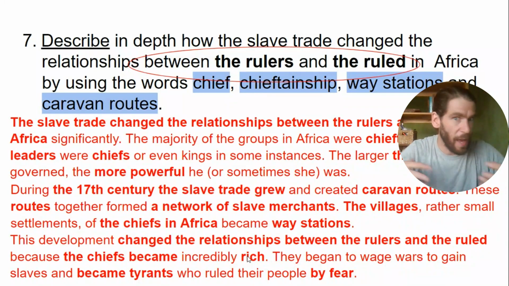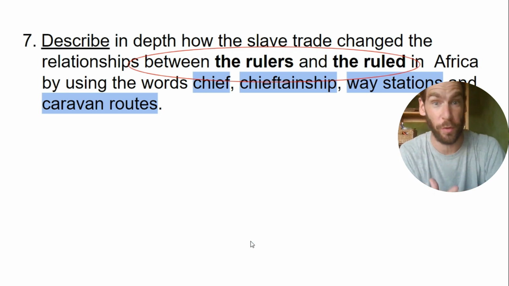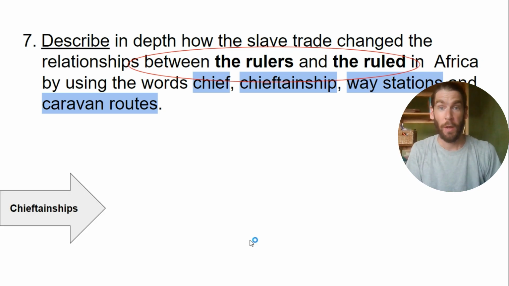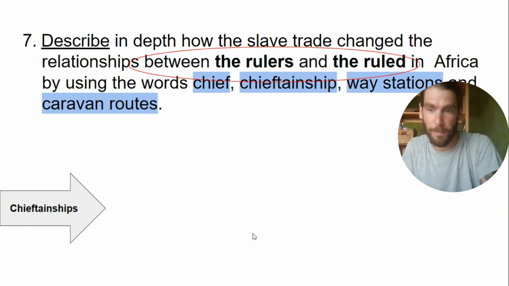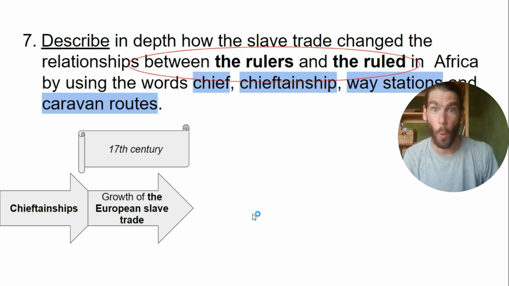Okay, looking at it in a different way, I made this. How did the relationship change between the rulers and the ruled? There were chieftainships in Africa, and there was a growth of the European slave trade. When? During the 17th century, between 1600 and 1700.